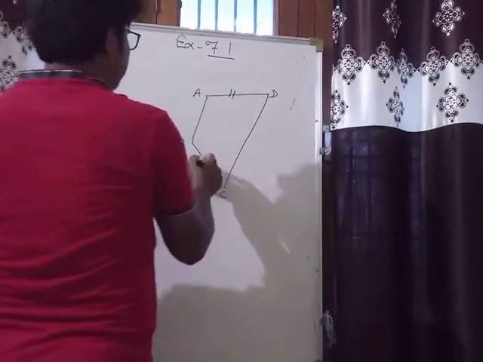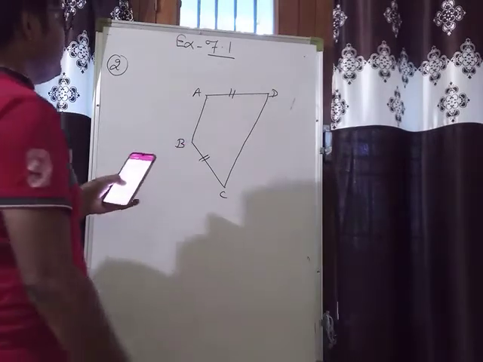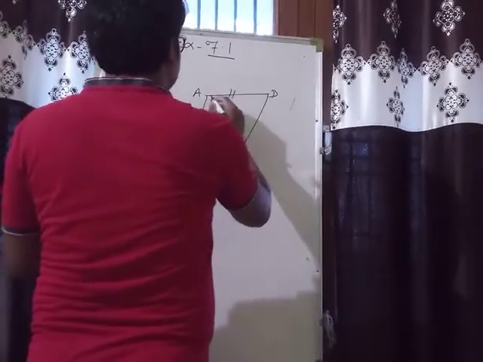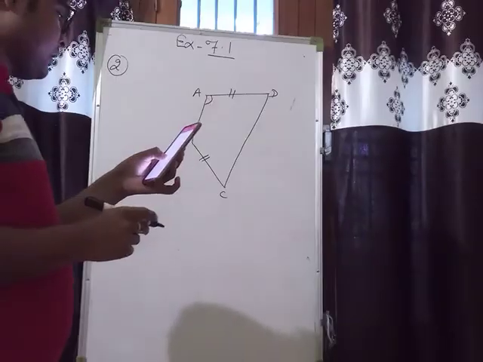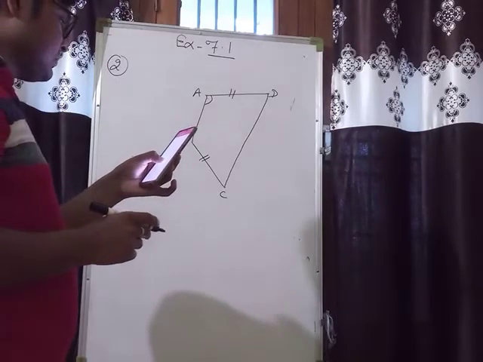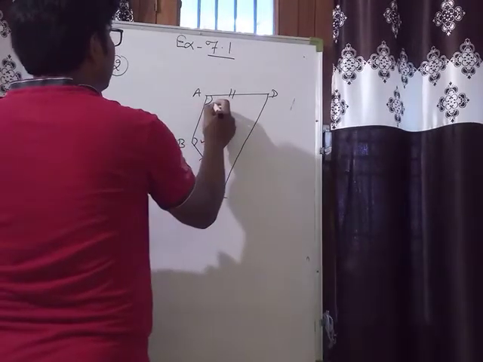This AD and BC are equal, and this angle DAB is equal to angle CBA. These two angles are also equal.